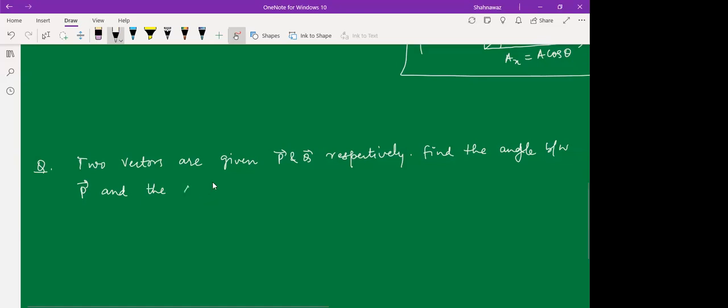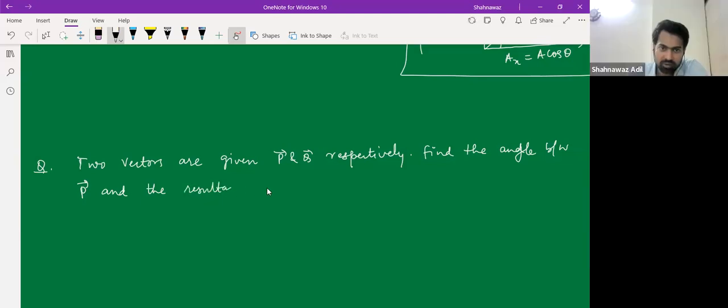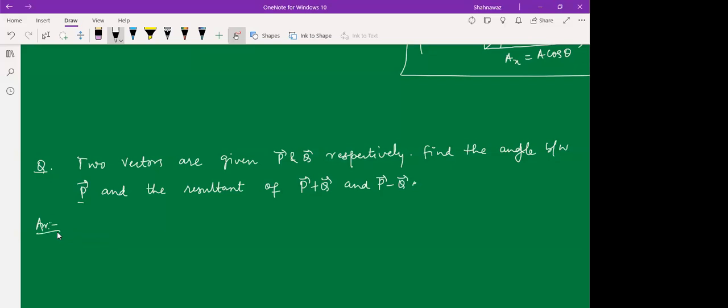The resultant of P plus Q and P minus Q, right? So find the angle between P and P plus Q and P minus Q. You just calculate and tell me the answer.